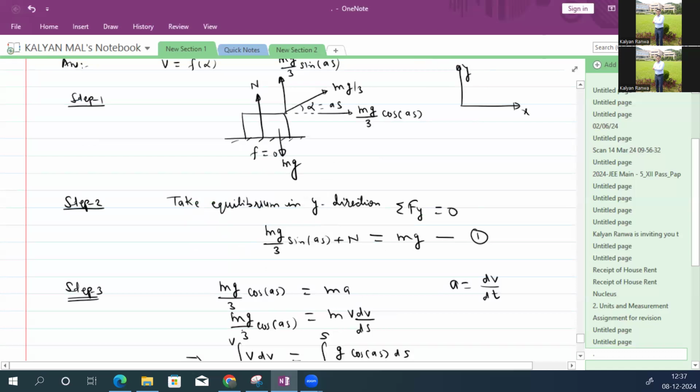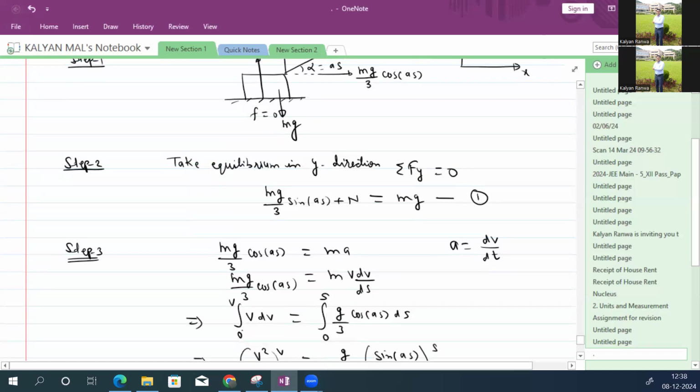Here, the step 2 equation is not used in the complete solution of this given question. If you need to find the velocity or any other parameters when the bar leaves contact with the horizontal surface, in that case we will use equation 1.